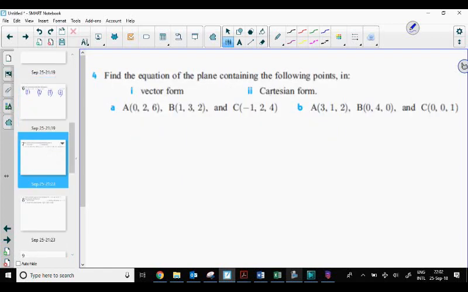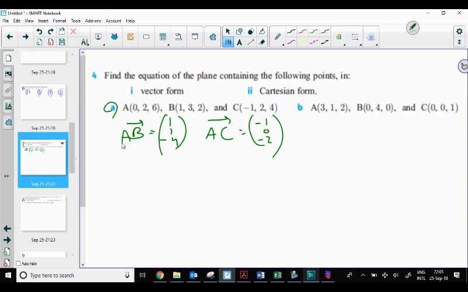So now, given some points, can we find both the vector form and the Cartesian form of the plane? We will just do letter A. We're going to figure out two vectors in this plane. Doesn't matter which ones we work out. AB is 1, 1, -4, and AC is -1, 0, -2.